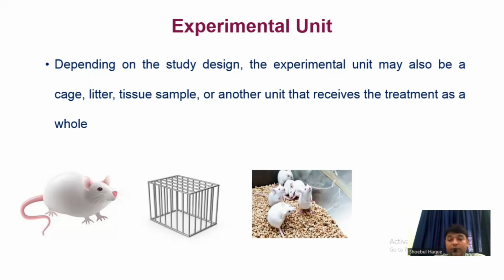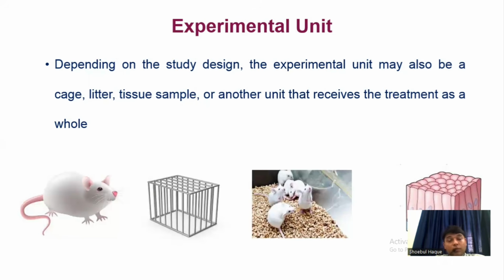If we are taking the findings from the pregnant female, and the female takes the treatment in her diet and after some time gives birth to, suppose, six or seven pups, at that time we will take the litter as the experimental unit, not the pups.